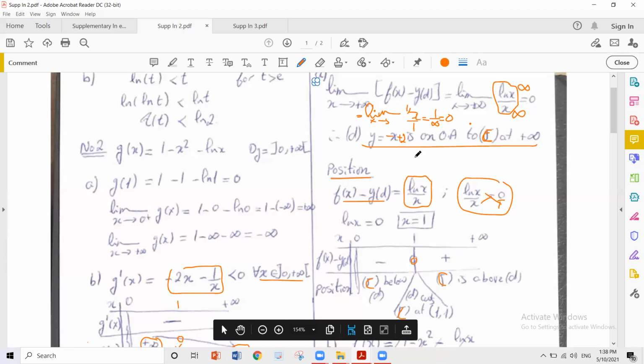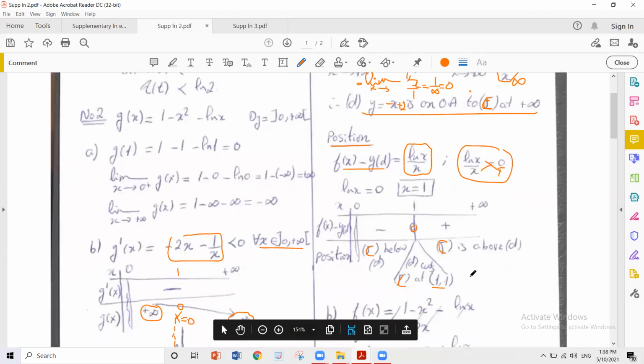Is that x equal 1? We replace it in the equation of the line. We get y equals 1, the point of intersection. Any questions?